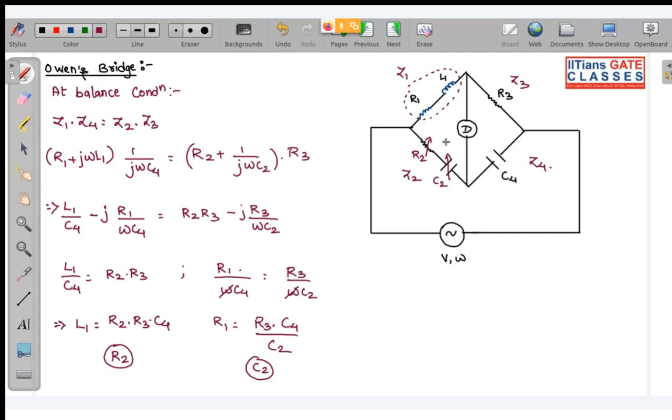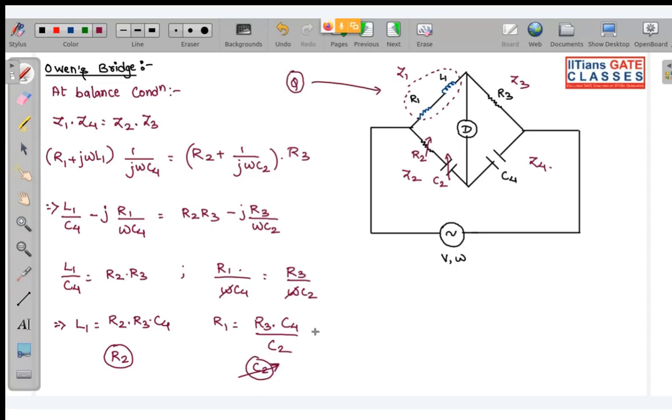Now quality factor. One thing I want to tell you, I can balance the bridge even by keeping C2 constant. I can balance it up to some extent, not exactly, but near to the balance condition I can do with the help of R2. But if I want to determine the quality factor of this coil, I always need C2 as variable.